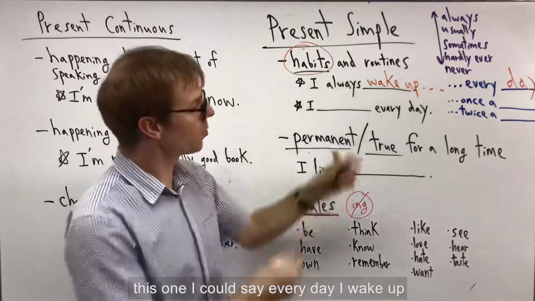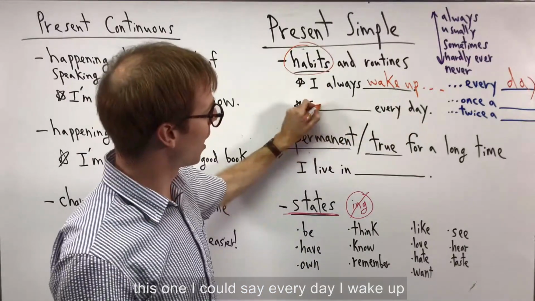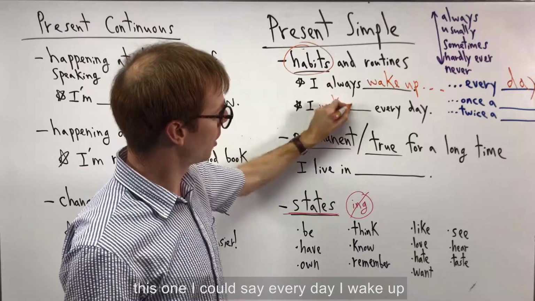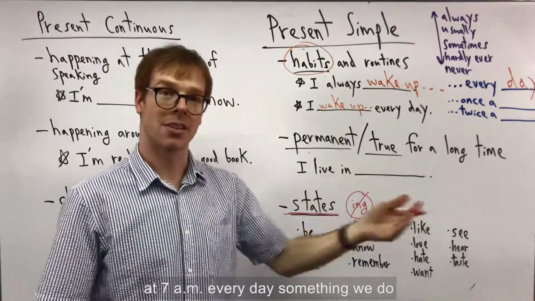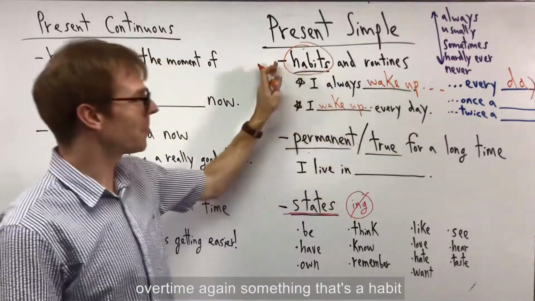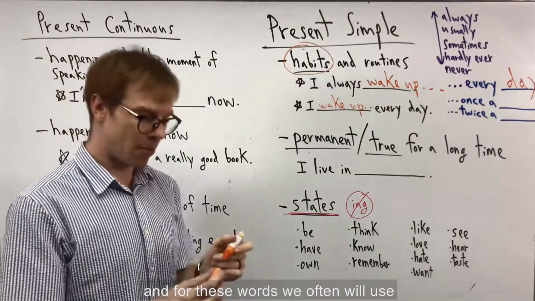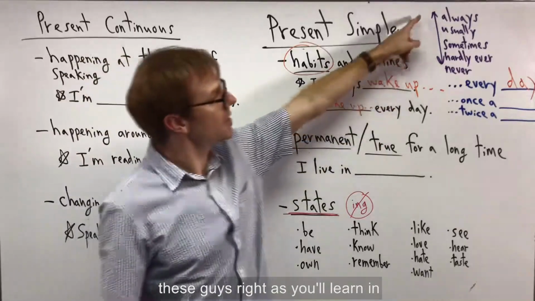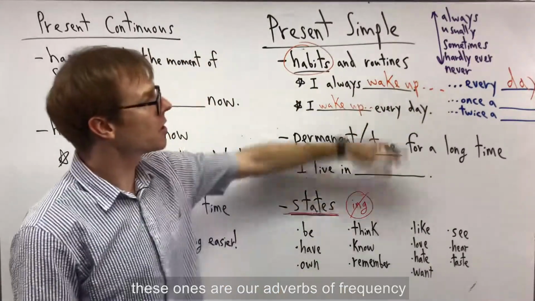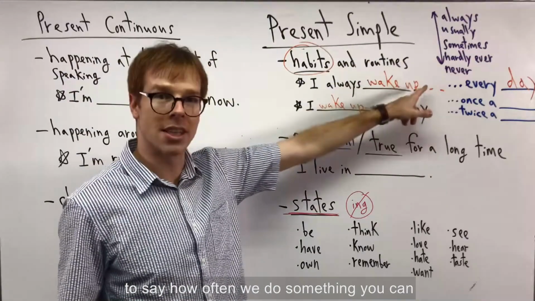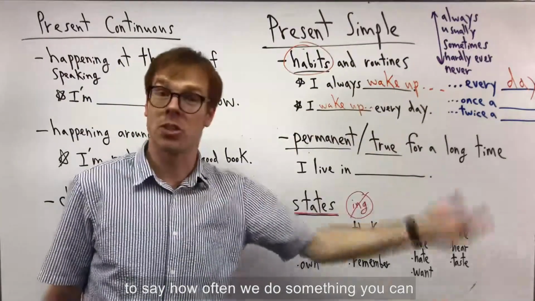Or I could do this one. I could say, every day I wake up at 7 a.m. Something we do over time again. Something that's a habit. And for these, we often will use these guys. As you'll learn in class, these are our adverbs of frequency to say how often we do something.